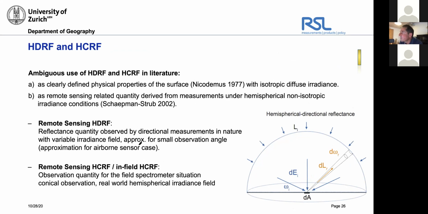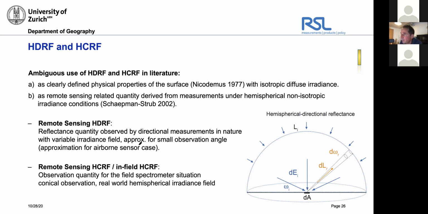And this is used in an ambiguous way. So physically, one uses the definition from Nicodemus, which says hemispherical means diffuse irradiance, or isotropic irradiance from all directions. And for practical reasons, some remote sensing scientists are using a definition which tells us, well, you just have a hemispherical irradiance, which is variable somehow, and you should take care of that.